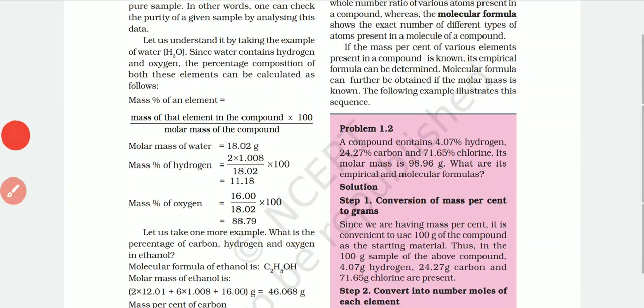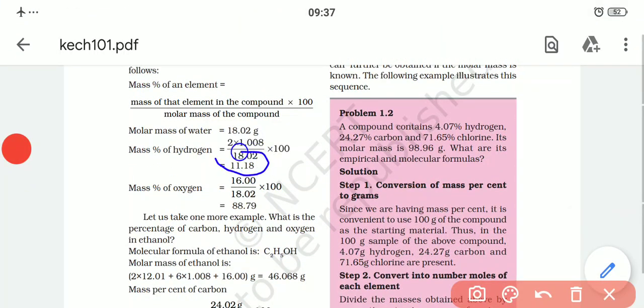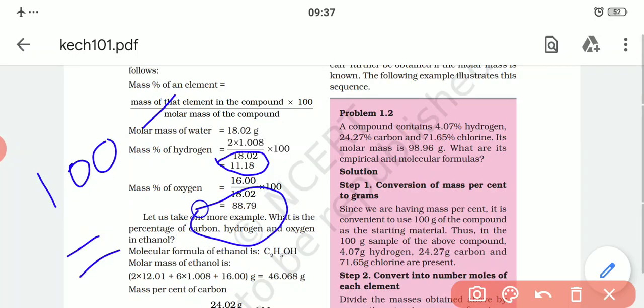So if you subtract 11.18 from 100, I get the answer 88.79 easily.